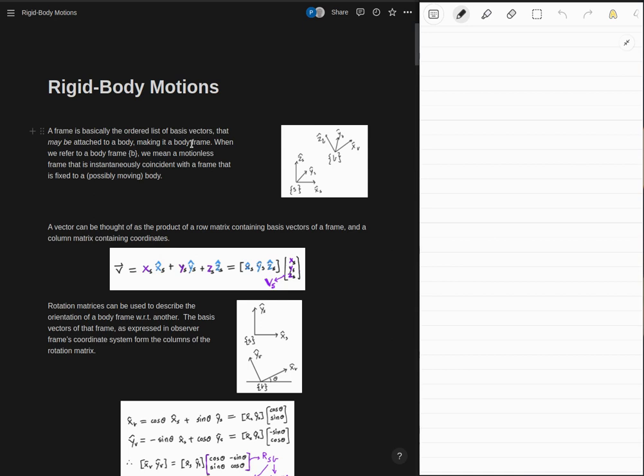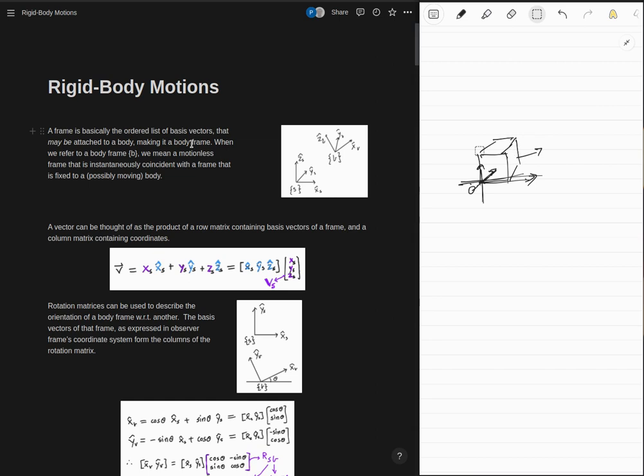So for example, if you have a block, it should be in 3D, and this block is moving like that, right? At some certain time, you will just take this frame, make this the origin and figure out the basis vectors, and that's your frame.